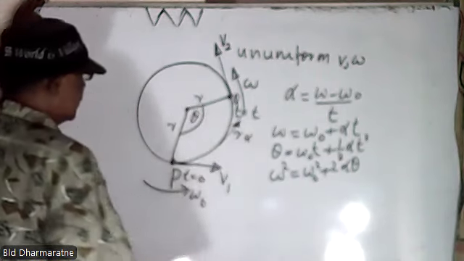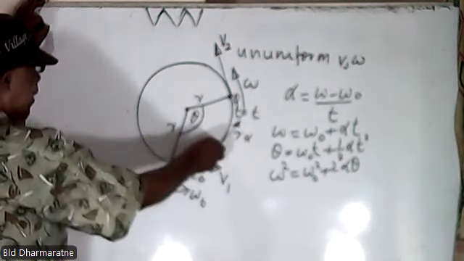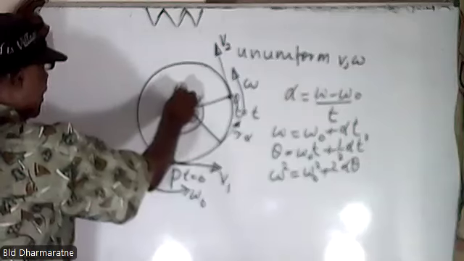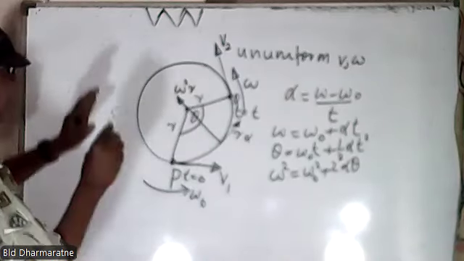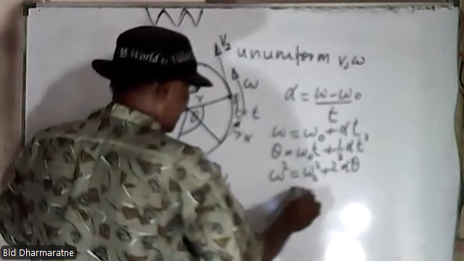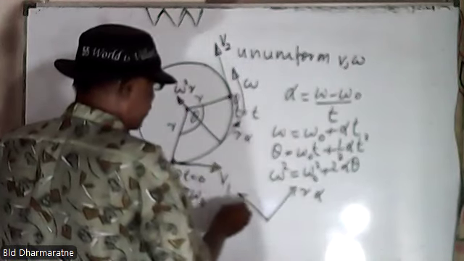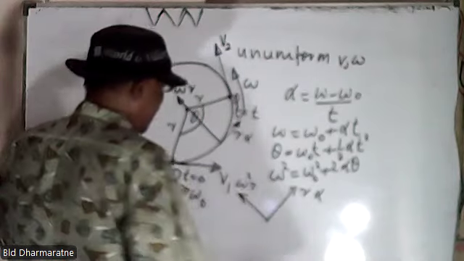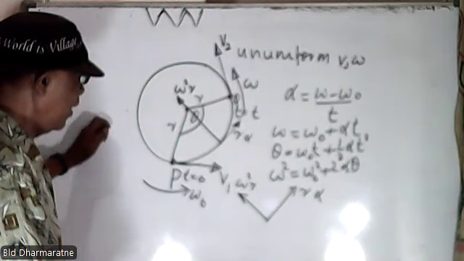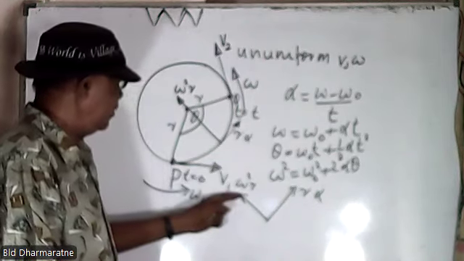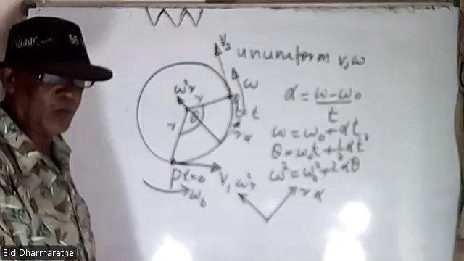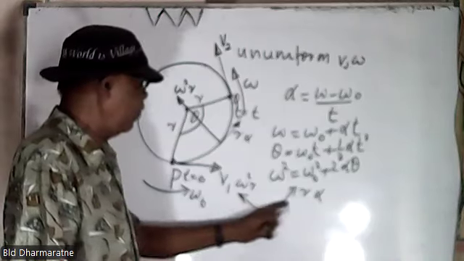And the centripetal acceleration is another component, omega squared R. These two components are perpendicular to each other: one is R alpha tangentially, and the other is omega squared R. Sometimes problems ask for the actual acceleration; it is the resultant of these two accelerations, which you have to obtain.